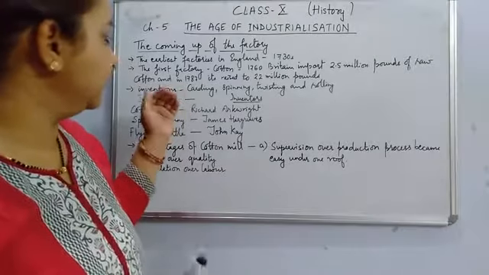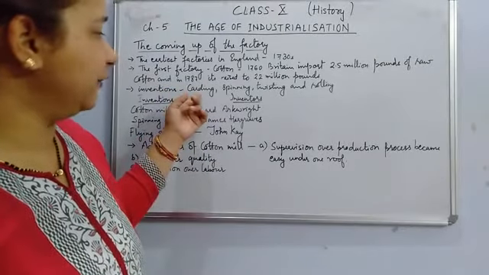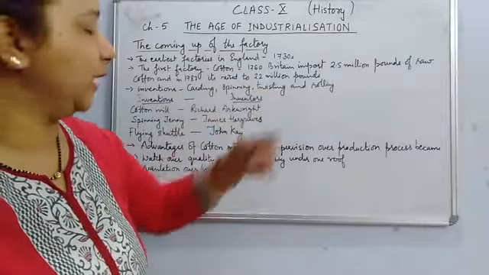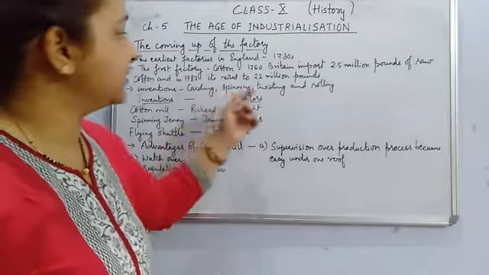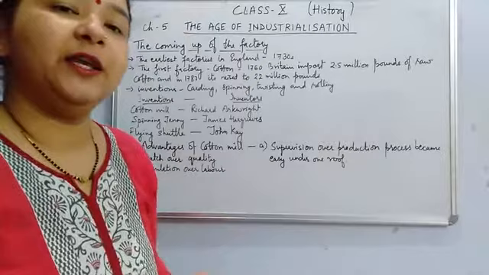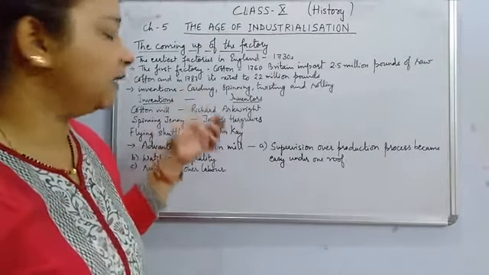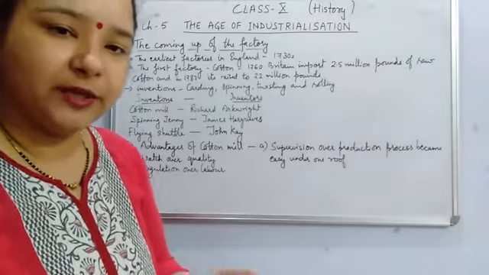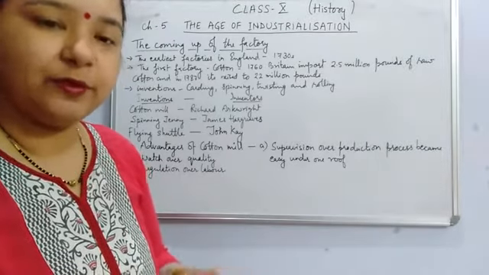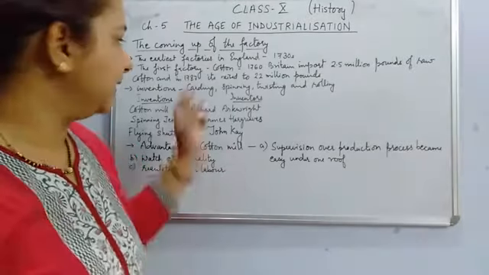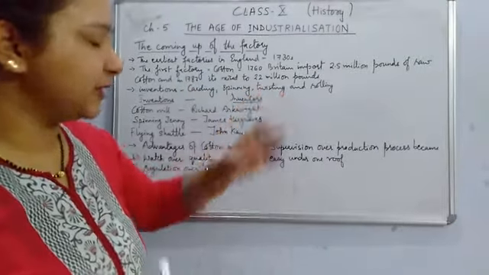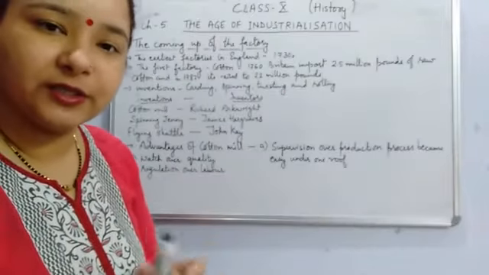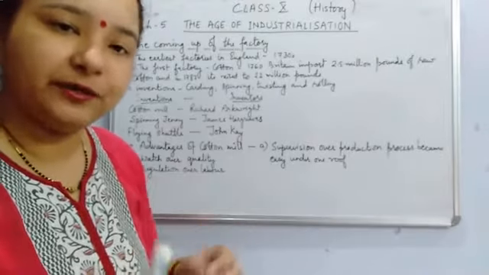Like the inventions in the field of carding, spinning, twisting, rolling, these are the steps involved in making cloth. Carding is a process where the fine quality yarn is separated from the poor quality. With the help of twisting, they twist the yarns together to prepare thread.